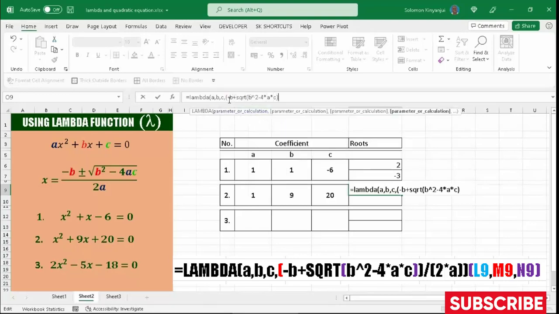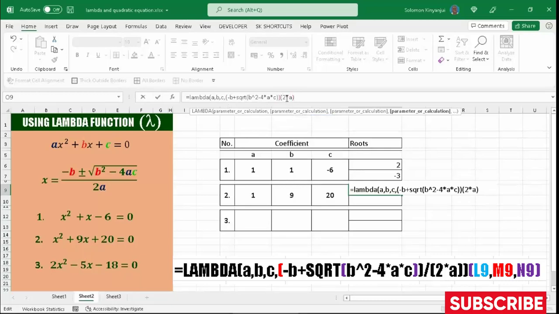So then here we now divide by, or let me close the bracket here again. Then we divide by 2a, so you put the bracket, 2 times a.